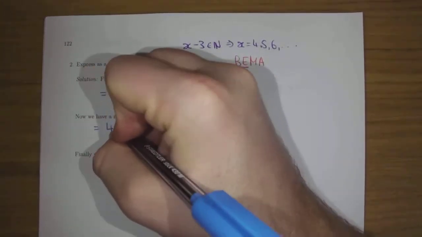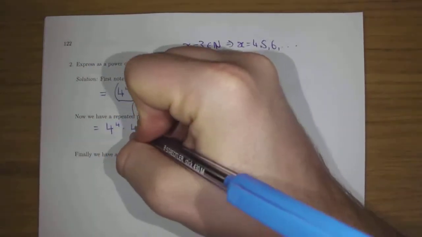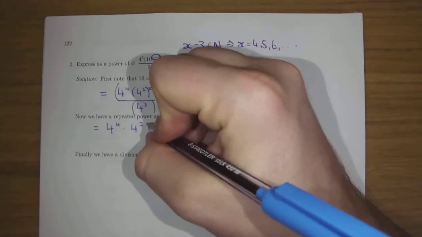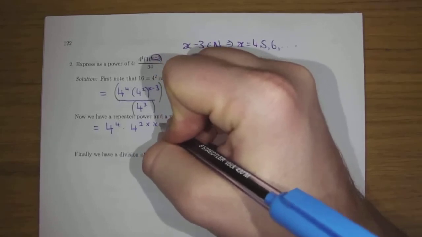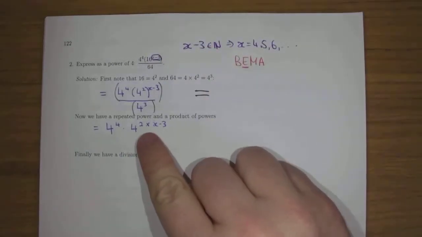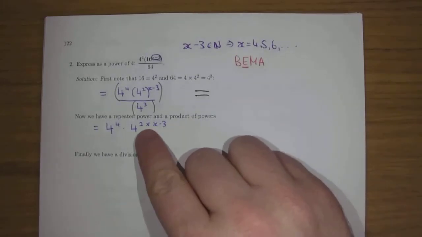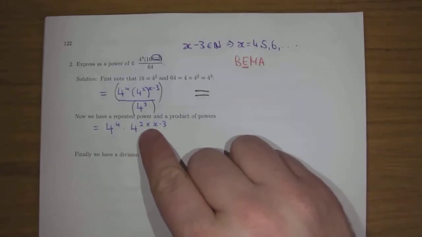So I have 4 to the power of 4, and then 4 to the power of 2 multiplied by x minus 3. Now I'm going to write down something, 2 multiplied by x minus 3. I'm going to write it like that. Now this is not as written because of PEMA. Do the multiplication first. This is just multiplying x.